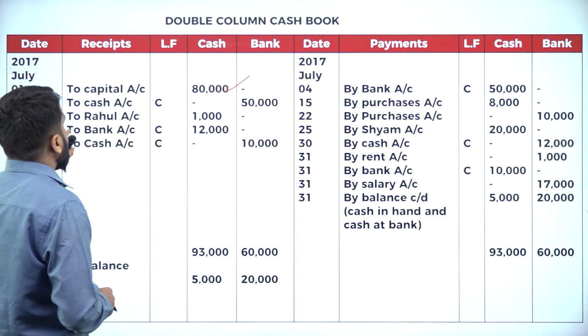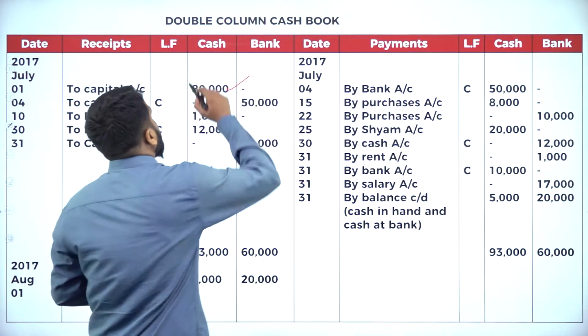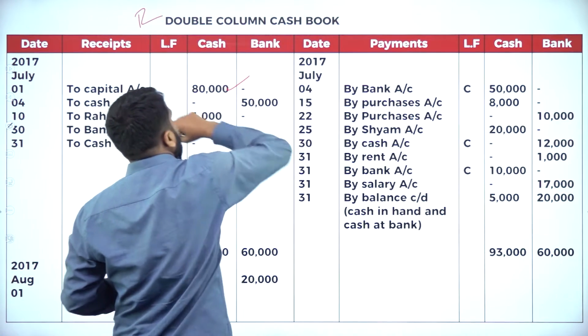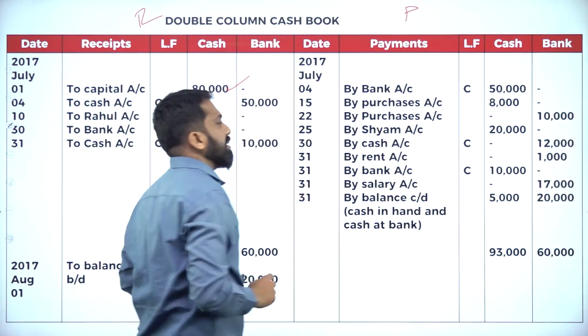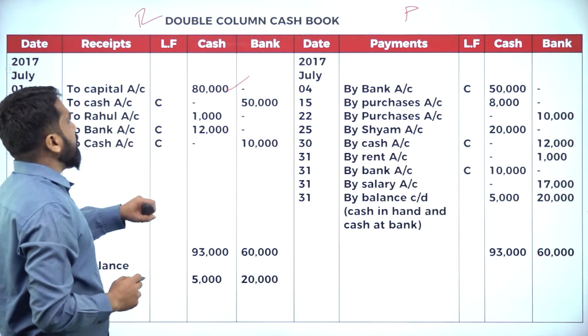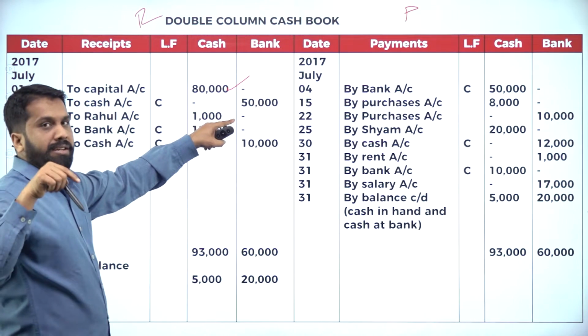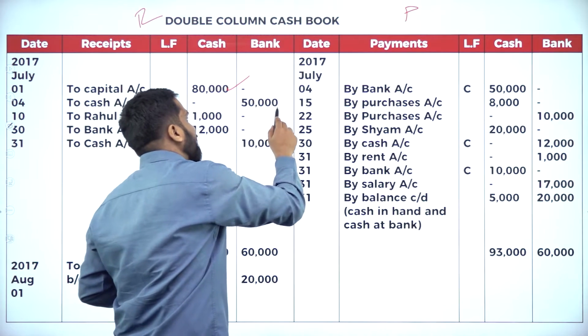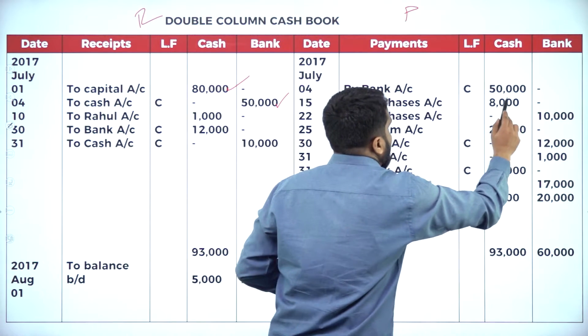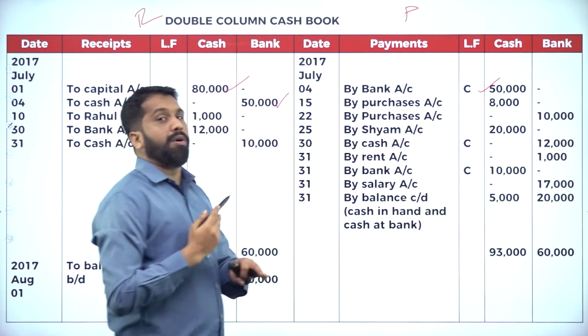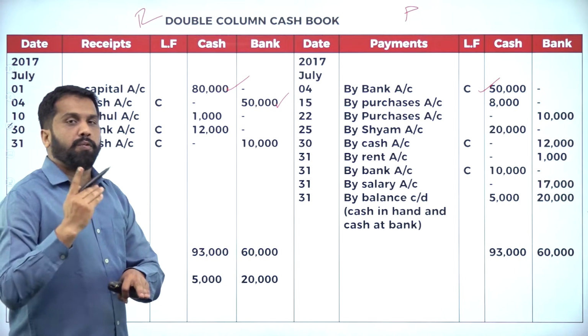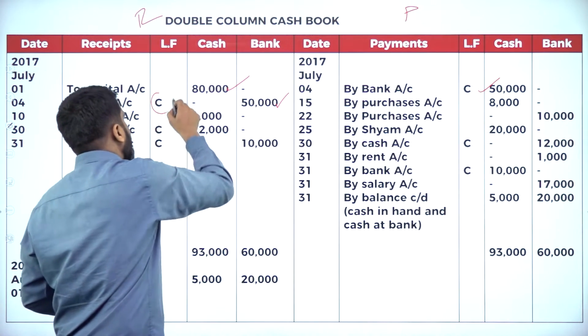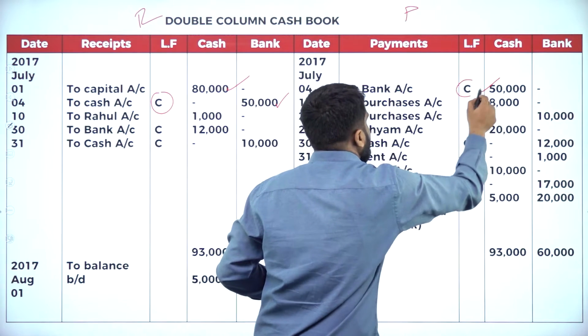Now, in the cash book, this side we call a receipt and this side we call a payment. You have deposited into bank, which means for bank, it is a receipt. For cash, it is a payment. Both sides it comes. We call it contra on both.